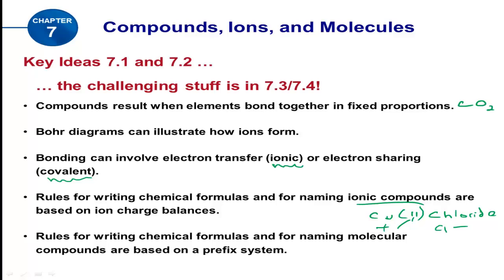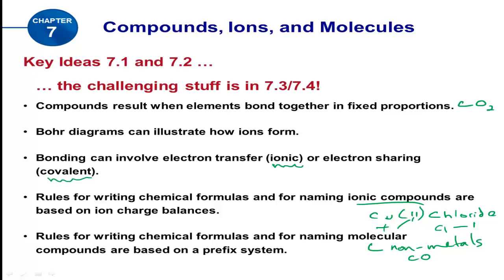Cl is -1, right? On the other hand, rules for writing chemical formulas of molecular are covalent. And again, molecular is the same as covalent. These are between 2 nonmetals. So in the above example, carbon and oxygen are both on the right-hand side of the periodic table, to the right in particular of the zigzag line. 2 nonmetals are going to share electrons.